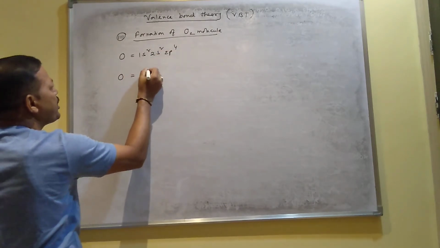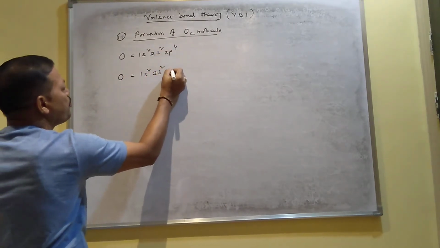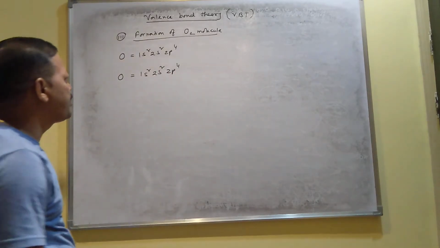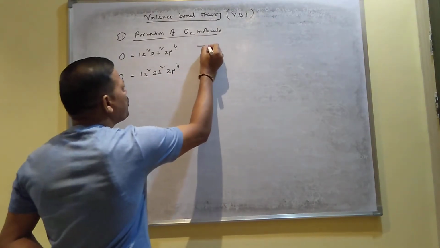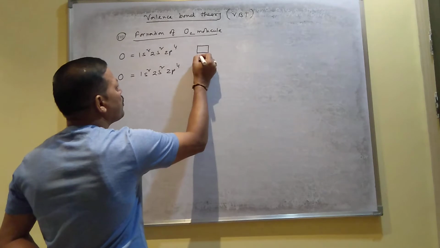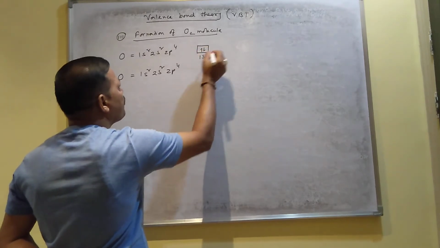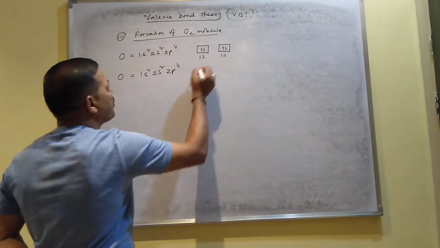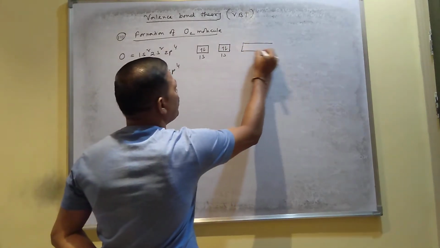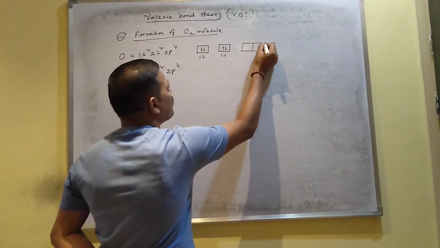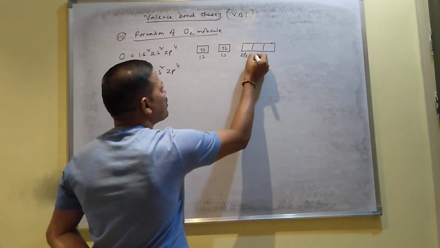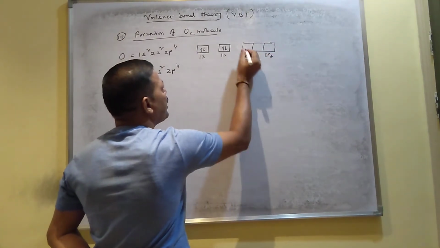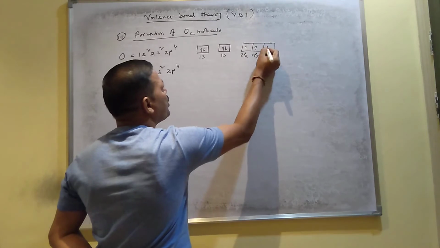Here also 1s2, 2s2, 2p4, because oxygen atomic number is 8. So if you want to write in boxes, 1s2 is filled up, 2s2 is also a filled orbital, and 2p4 will be like this: 2px, 2py, 2pz, 1, 2, 3, 4.